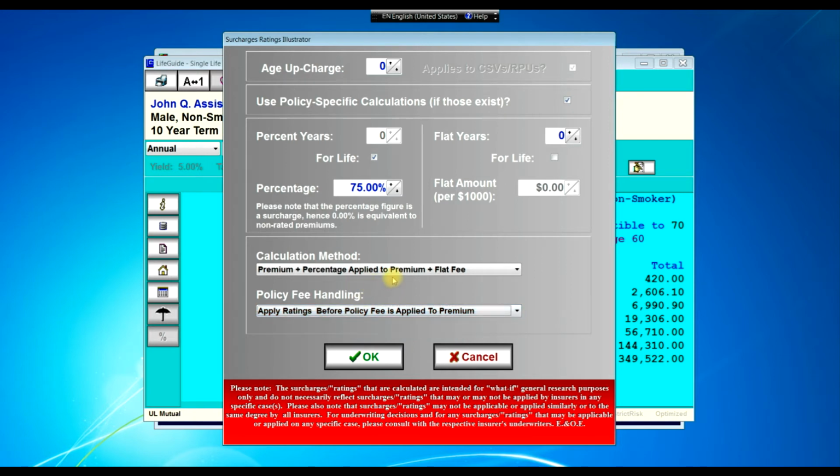Okay, so we'll leave that at the default, which is premiums plus percentage, plus a flat fee, which we will deal with in a few minutes. And the calculation is done by applying the ratings before the policy fee is applied, and then once the ratings are calculated to the premium, then the policy fee is added.